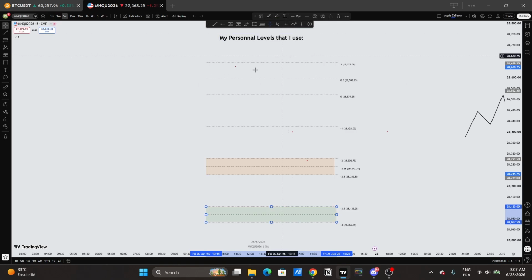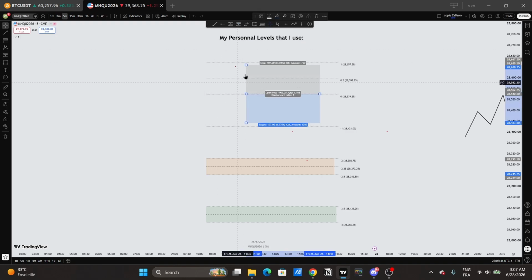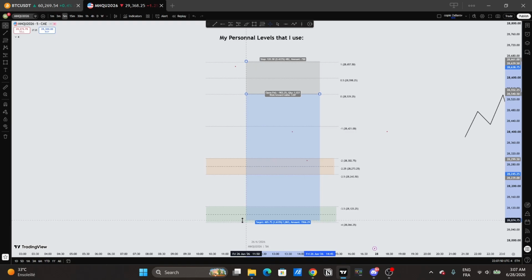So basically the -3.5 to the -4 is the terminus of my trades. If I'm in a trade, the max that I can hold for is the -3.5 to the -4, because after that, if price breaks away from the -4 and keeps dumping, in this case in a bearish market, this means that the market is just so strong from the bearish side.